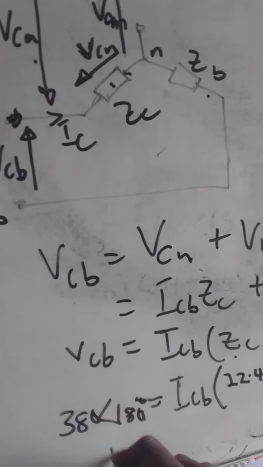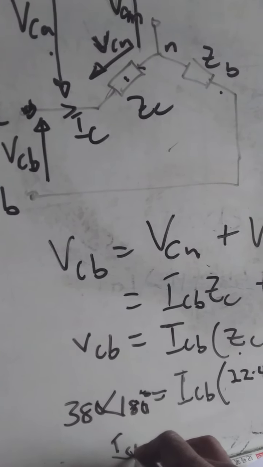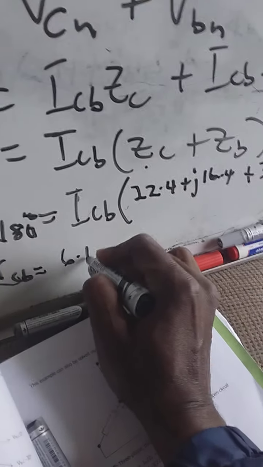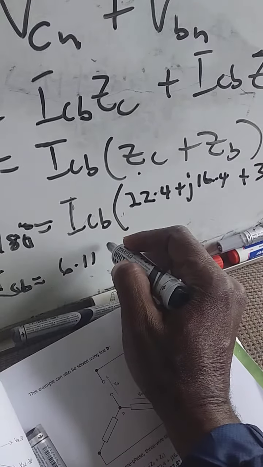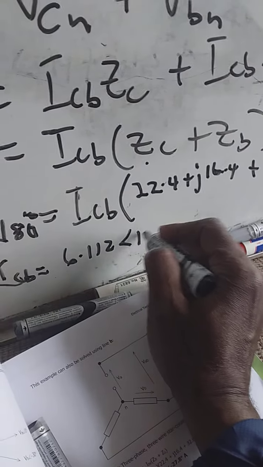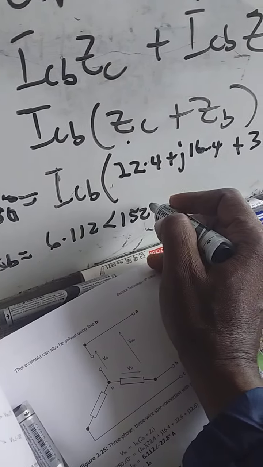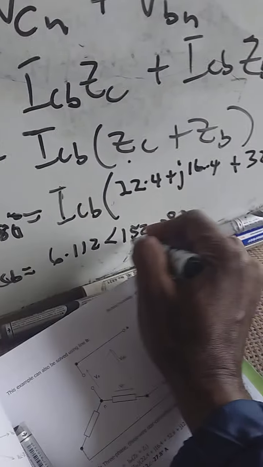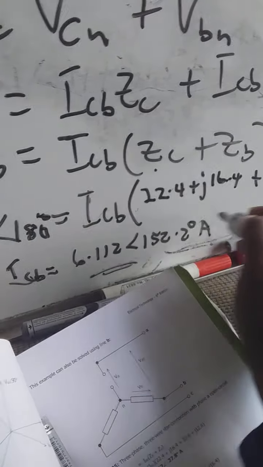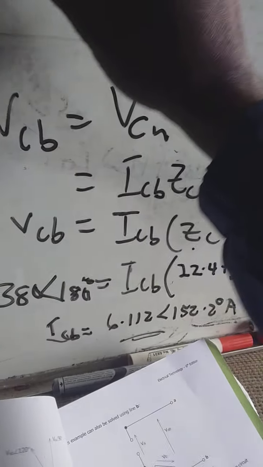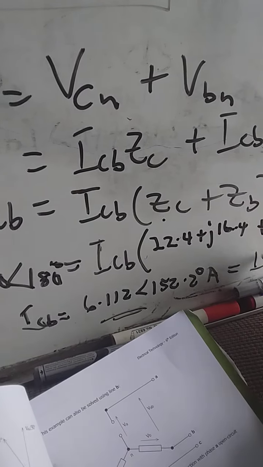Invariably you find your ICB to be 6.112 at angle 152.2 degrees amps. That is your ICB, the current flowing from here to here, which is also your IC.